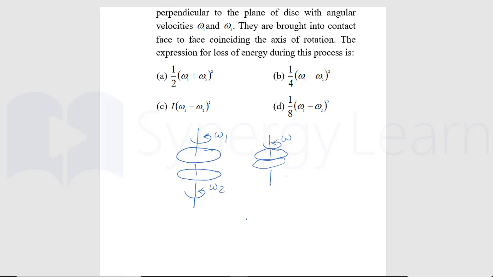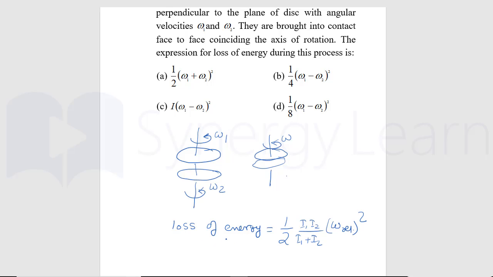In such cases, we can use a case similar to reduced mass, and the loss of energy can be written as half I1 I2 by I1 plus I2 into omega relative whole square.